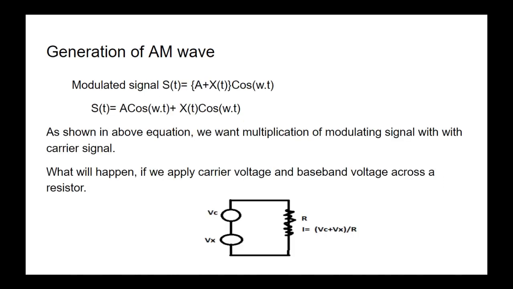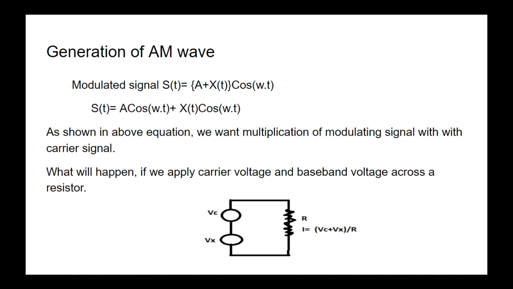Generation of AM wave. To understand how to generate an amplitude modulated wave, we need to understand the mathematical equation of the modulated signal. s(t) is equal to [A plus x(t)] multiplied by cos ωt.